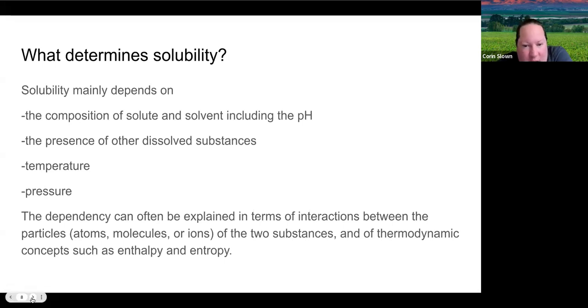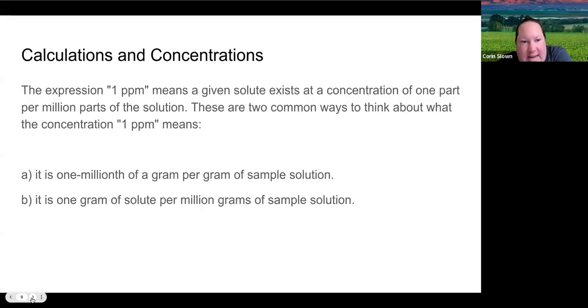So we're going to think about these interactions now, but we're going to actually use a different method of concentration calculation. So the expression of 1 ppm means that a solute exists at a concentration of 1 part per million parts of the solution. There's two ways you can really think about what 1 ppm means.